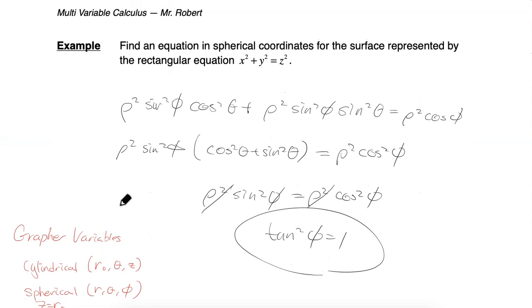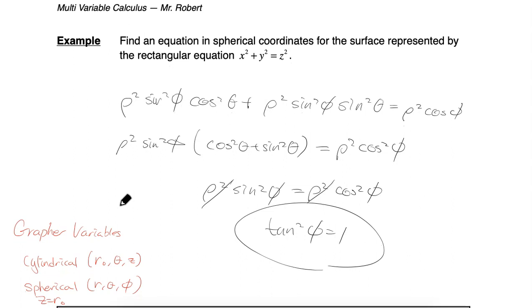So if we want to see one last example of switching between coordinates, if we are given x squared plus y squared equals z squared in rectangular coordinates, we can work to try to find the spherical coordinates. And what you do is you just plug in x equals rho sine phi cosine theta, y equals rho sine phi sine theta, and z equals rho cosine phi.